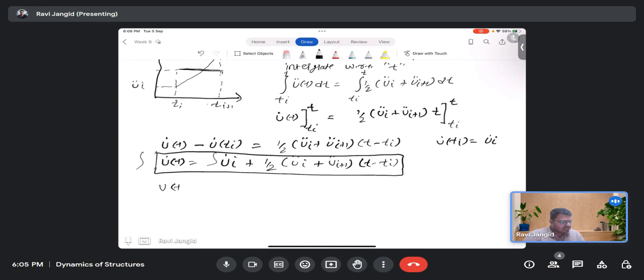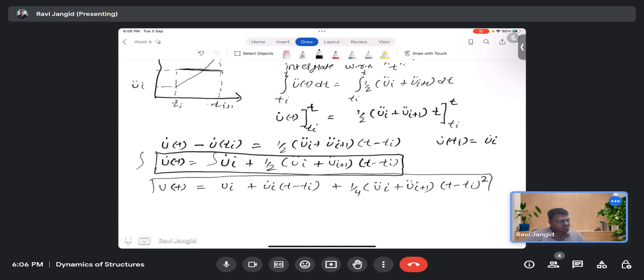I am writing the final equation, so we do not need to go through the whole procedure. u t is equal to u i plus u dot i into t minus ti plus 1 by 4 u double dot i plus u double dot i plus 1 times t minus ti squared. These are the two equations.